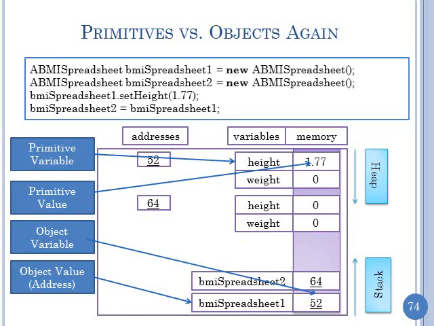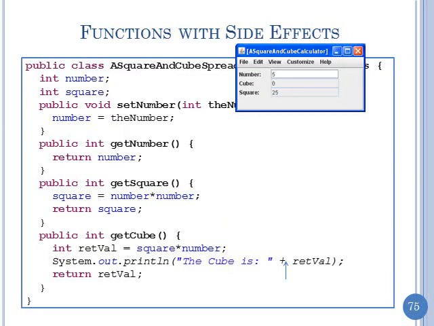Okay. So if I go and use object editor here, this is what I get. Does that make sense? I put in number 5, and then I get for square 25 and for cube I get 0. How could that happen? Yeah.